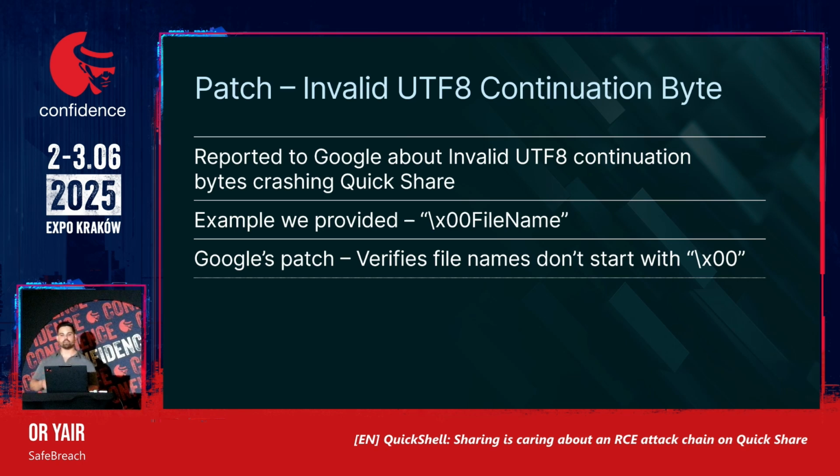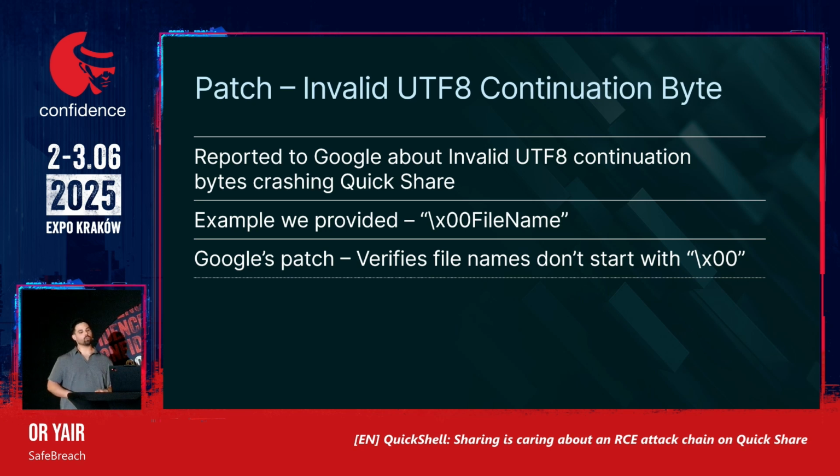So it's okay if you don't know what that means, but basically the example that we provided to Google was a file name that starts with a null terminator, which caused this exact exception that says invalid UTF-8 continuation bytes.